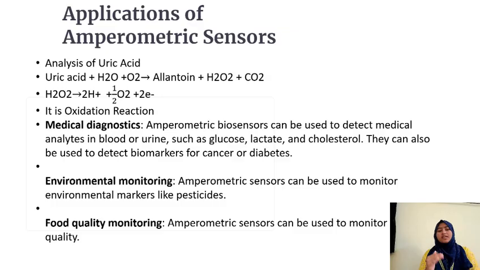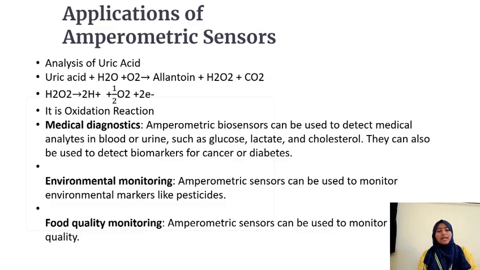They move in the working electrode, which changes the potential of the working electrode, and the result is displayed on the potentiometer. So this is the practical application of amperometric sensors.